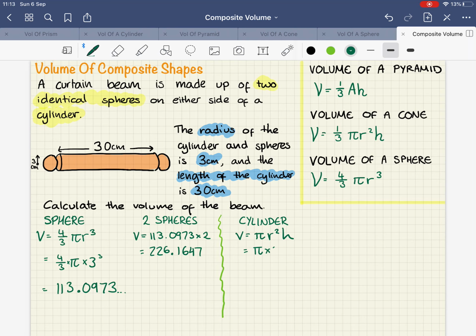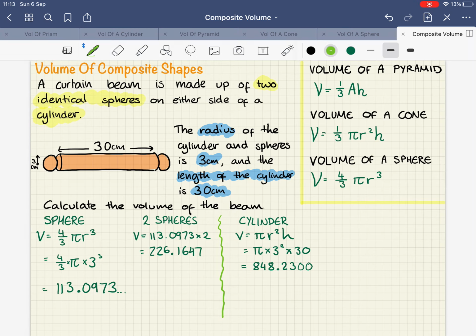So I've got pi times my radius of 3 squared times the height of 30. So that gives me 848.2300.